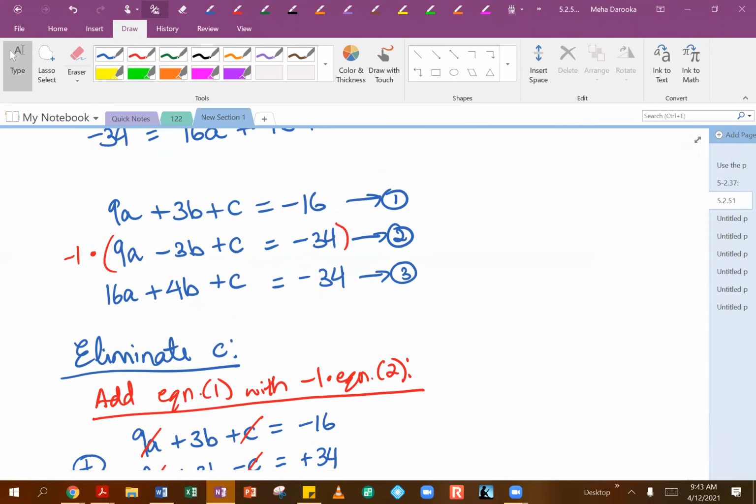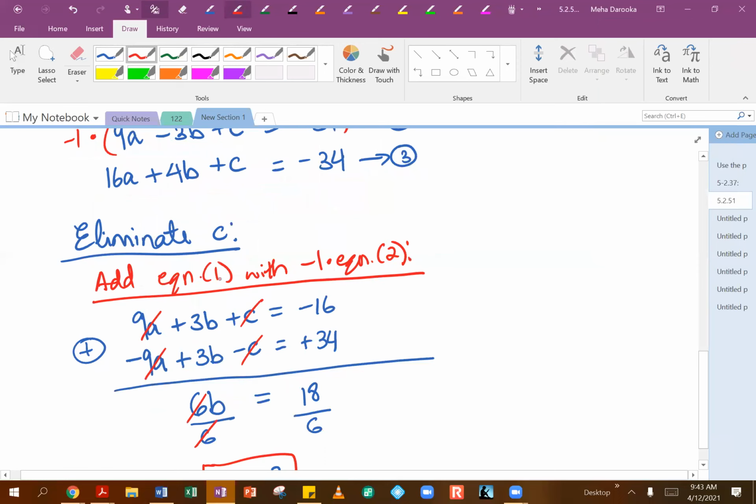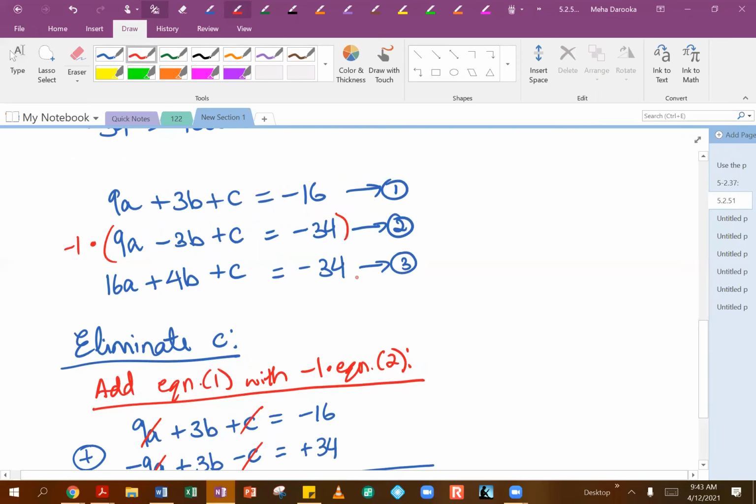Okay, so we've got our B variable. Obviously we need to find A and C still. So as we were starting out with just adding equations 1 and 2, we still need to use equation 3. So we can add equation 3 with equation 2, or we can add equation 3 with equation 1, whichever one you think might work out well.